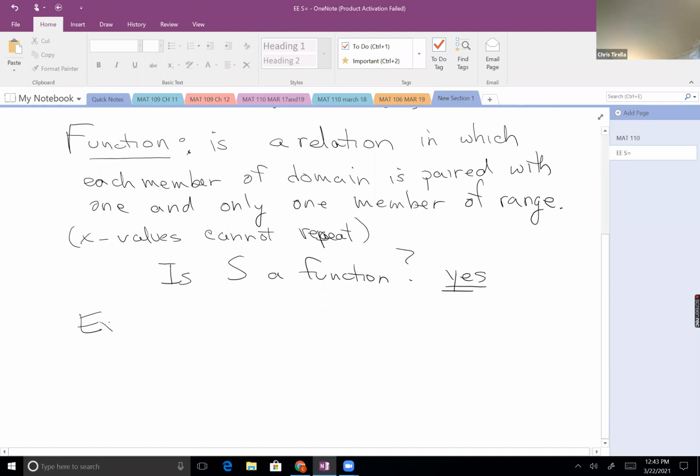So let's look at some more examples. Let T be the set of ordered pairs (1, 3), (2, 4), (3, 5), and (4, 6).